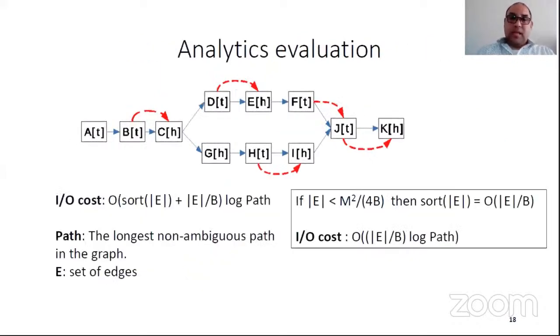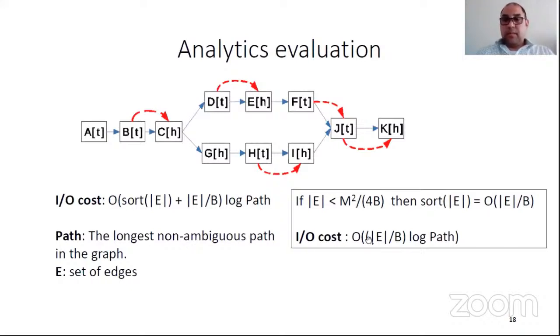So what is the I/O cost for this? Here we have the sort of the edge set and scan of the edge set, multiplied by the length of the longest non-ambiguous path, the longest non-branching path, in the nodes. It is important to note that if the set of edges is smaller than this measure, then sorting the edges is equivalent to scanning the same set.